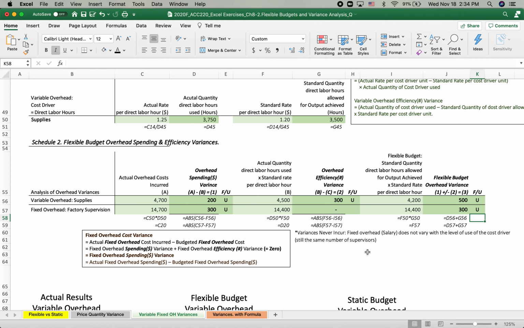Under this unfavorable result, we recognize that the variable overhead cost of $500 came from the overhead spending unfavorable and also the overhead efficiency unfavorable. So the managers managing this variable overhead cost related to supplies should take responsibility for reducing this overspending and overusage.